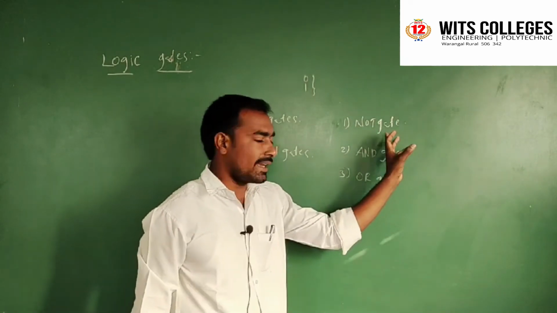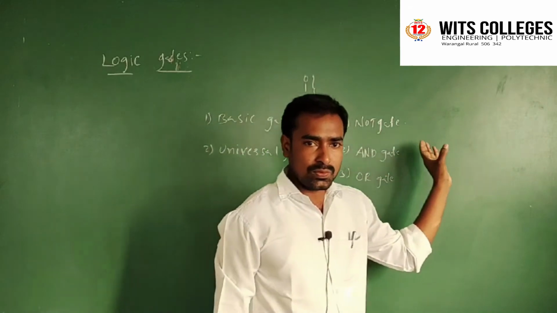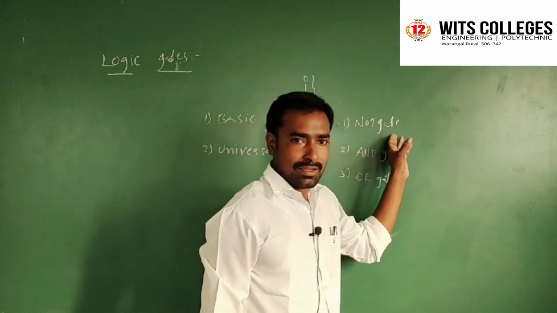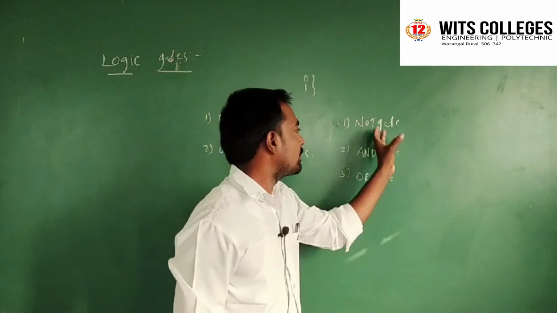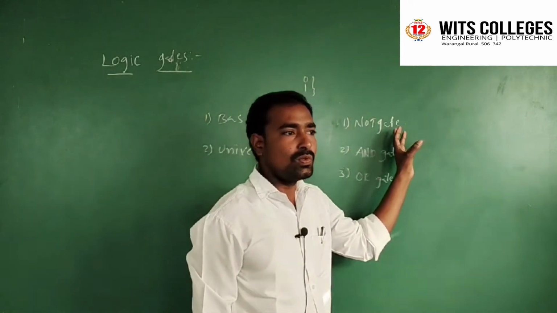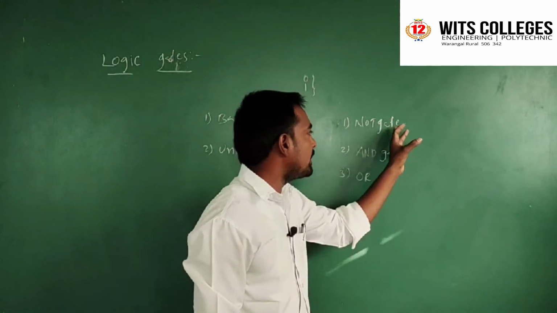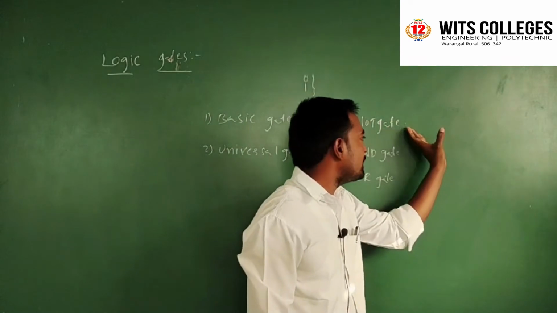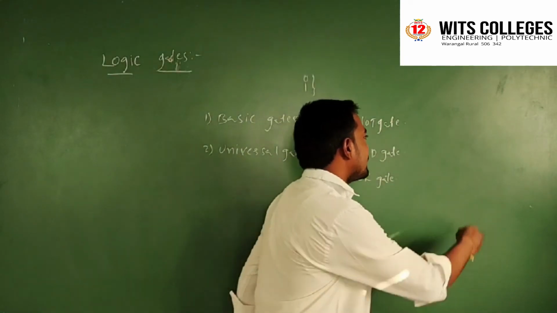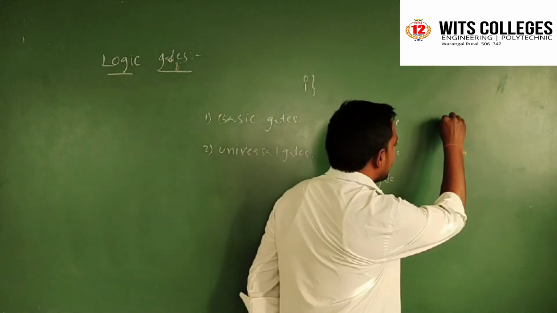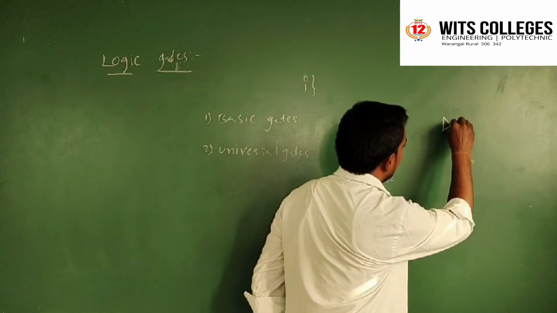Coming to the NOT gate, the NOT gate is used to give the complemented output. The logic diagram of the NOT gate is like this.